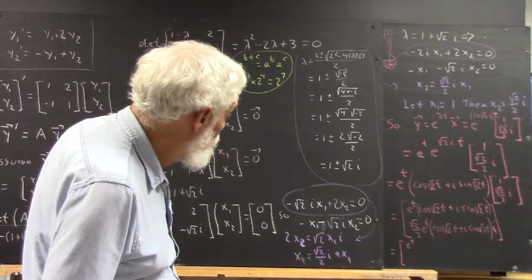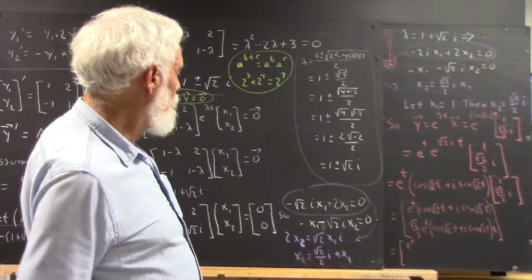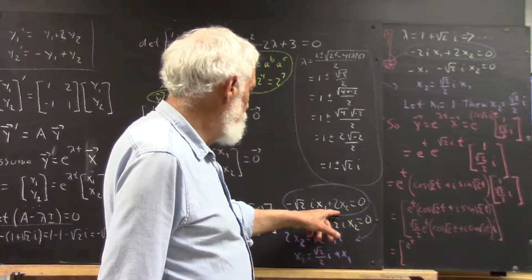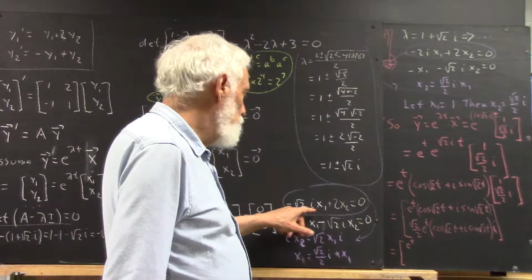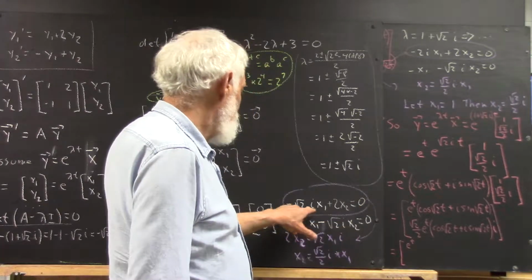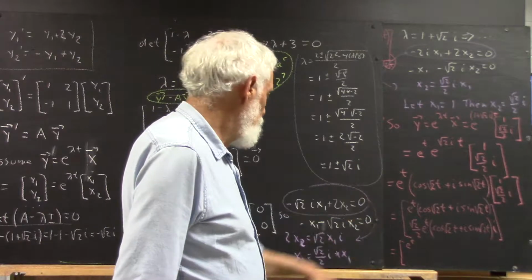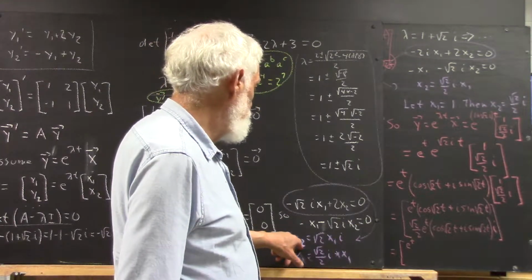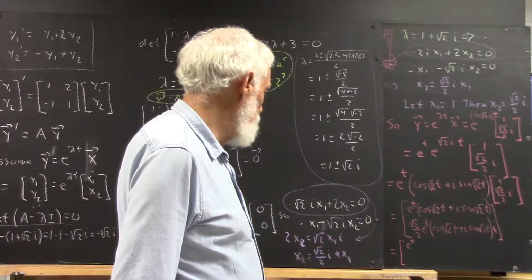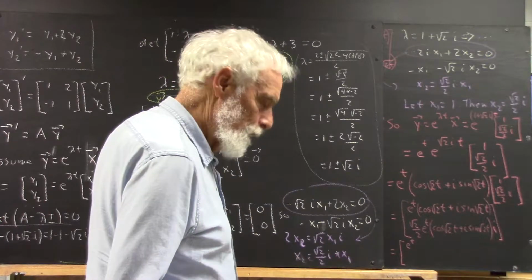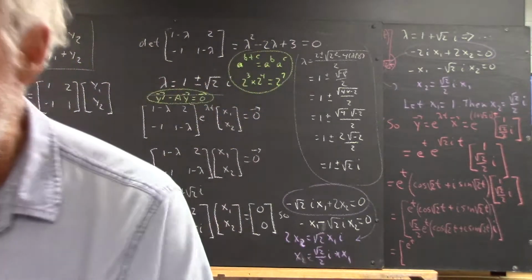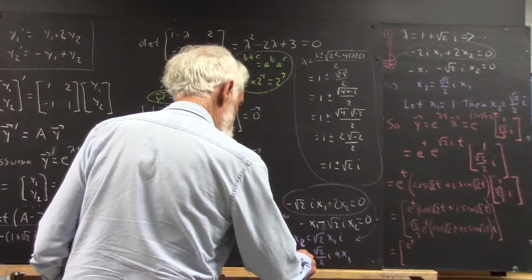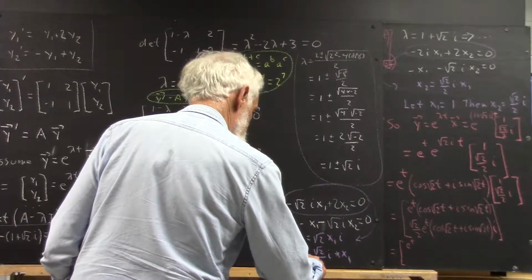Okay, well, what you get then from the first equation, I would rearrange that to 2x2 equals 2 square root of 2i times x1. The negative here moves over to this side, becomes positive, and we get 2x2 equal to square root of 2 times x1 times i. I apparently smudged this one, but let's make sure this is legible.